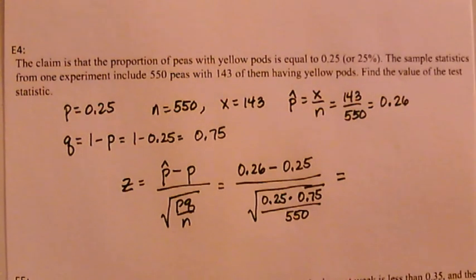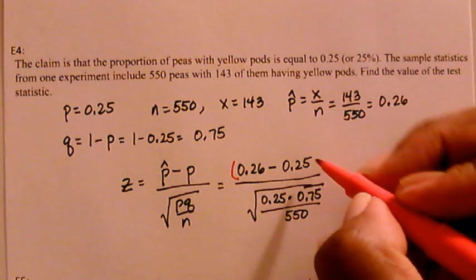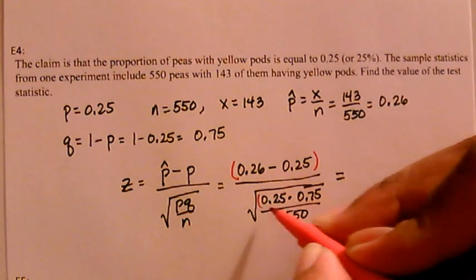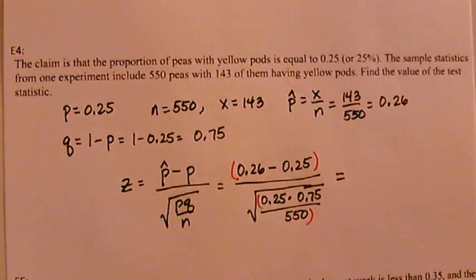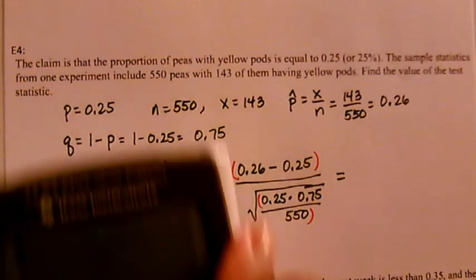Now the way we do this in the calculator, it'll be best to put the numerator in parentheses and probably put what's underneath the radical in parentheses as well. If you're using one of the older calculators, it'll give you the parentheses.